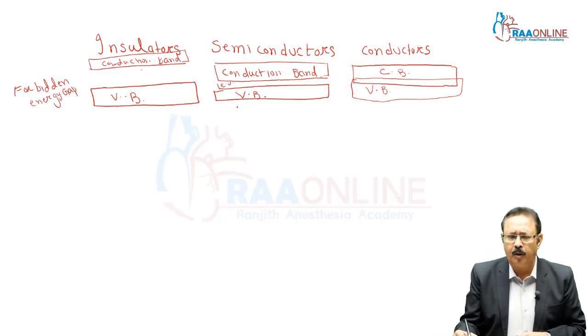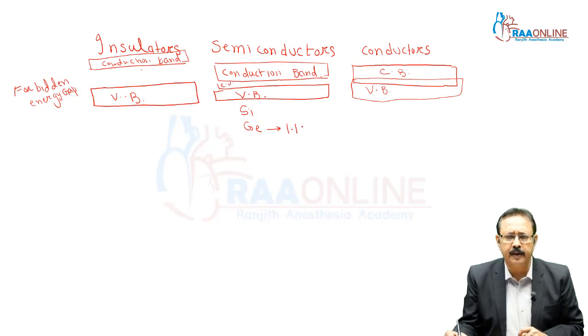So, most common examples of semiconductors are silicon and germanium. For germanium at room temperature, this forbidden energy gap is 1.1 electron volt, and for silicon it is 0.7 electron volt.